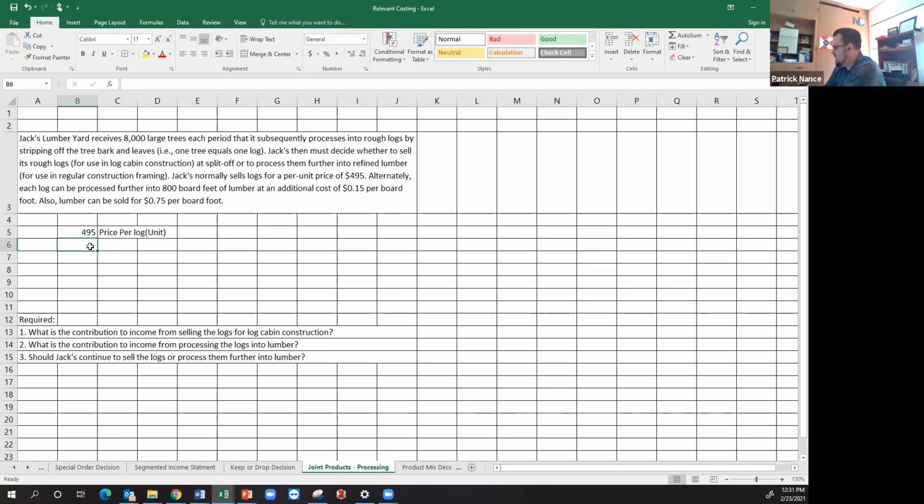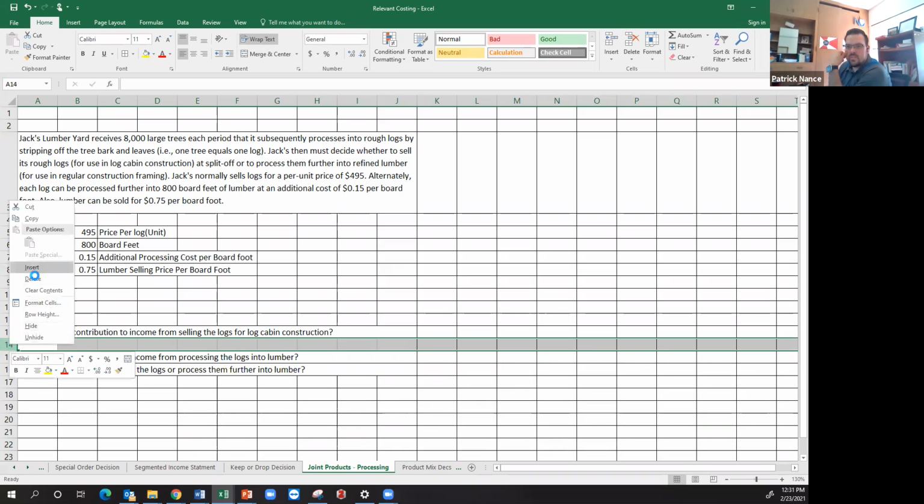So 800 board feet, if it's processed further, additional processing cost .15, that's important to label, per board foot. And then it says the lumber selling price per board foot is 0.75. Okay.